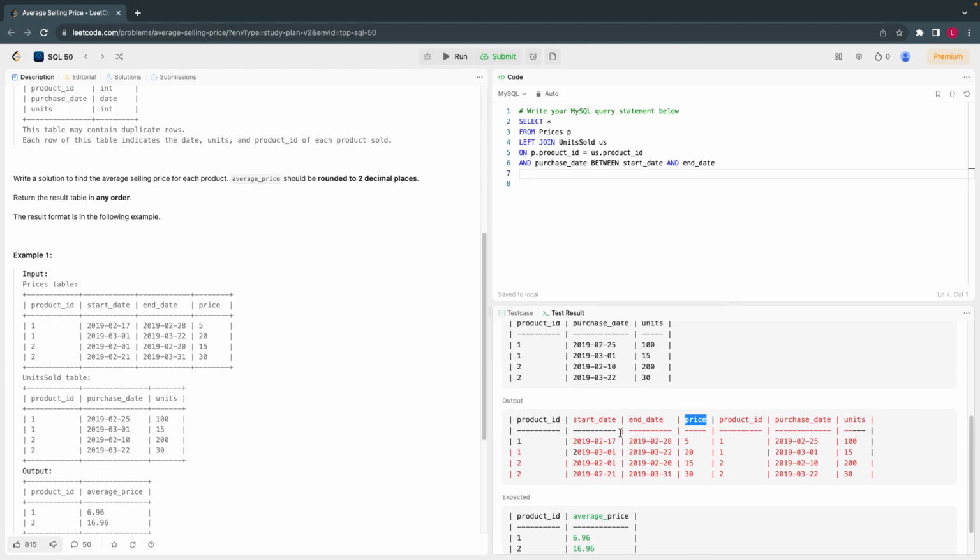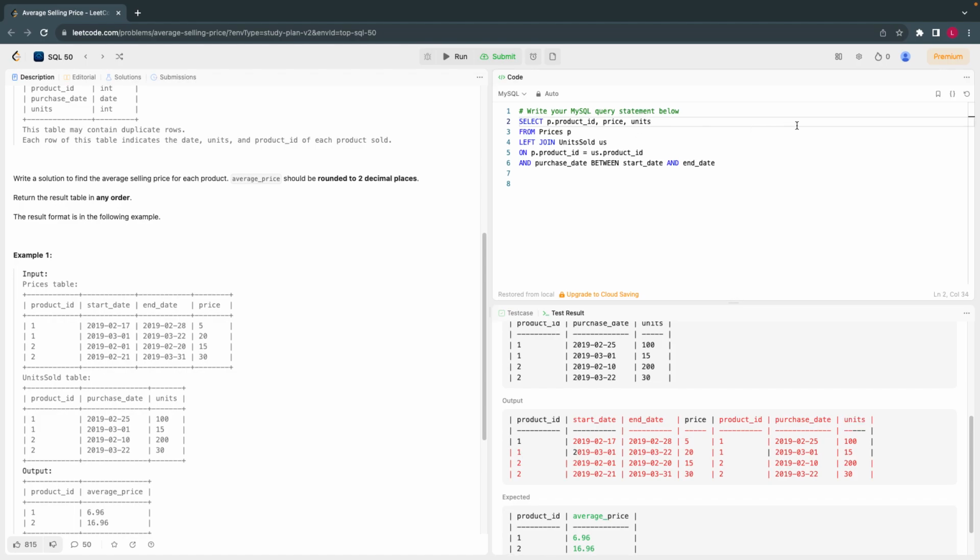Now let's filter out the columns which we need. So we need p.product_id, sorry, small p dot product ID. We also need price, and we also need units.